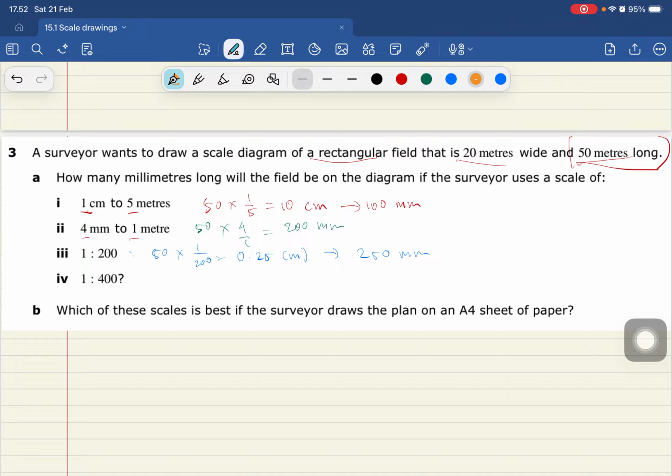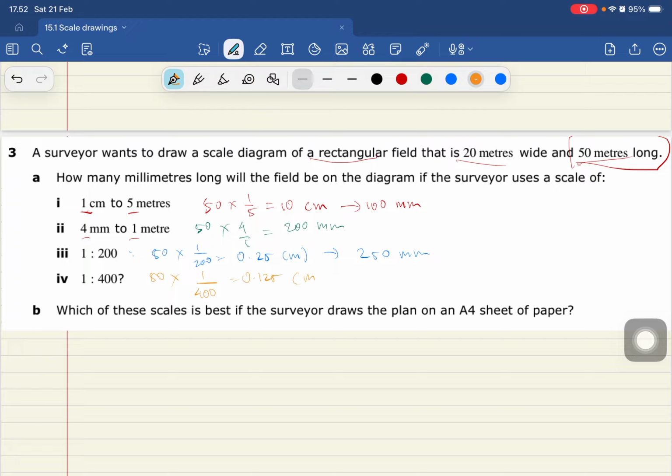Next, 1 to 400. So 50 we multiply by 1 over 400. So 50 we can divide by 400. We get 0.125.